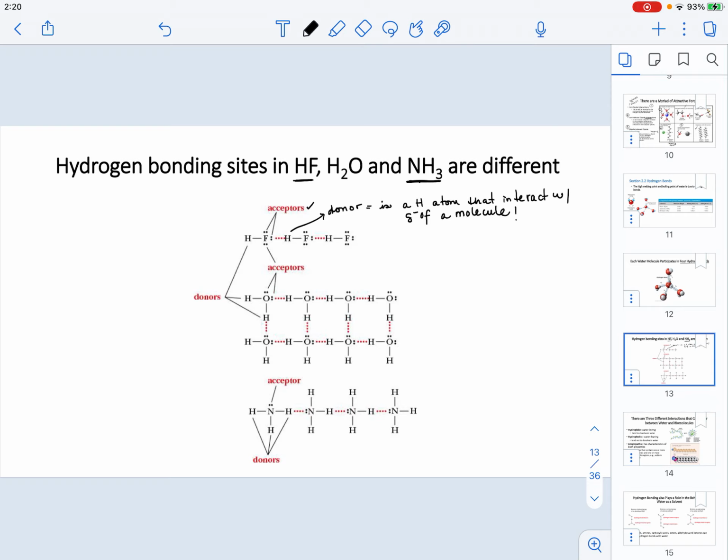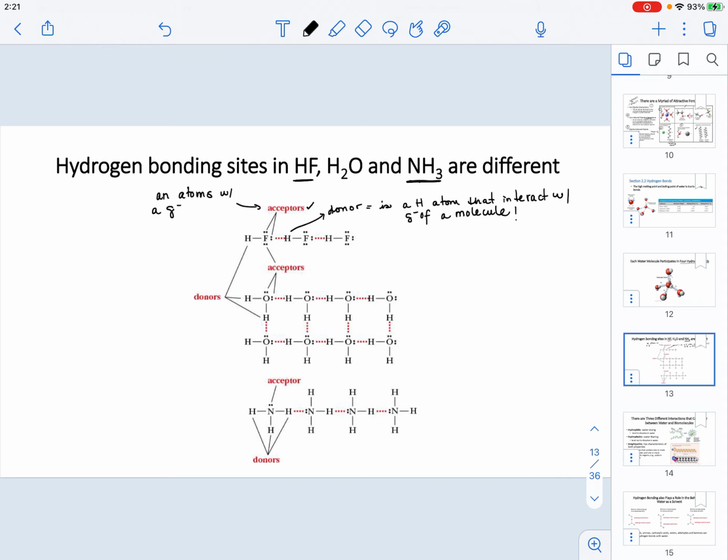A hydrogen acceptor, just to define it, is going to be an atom with a delta minus.